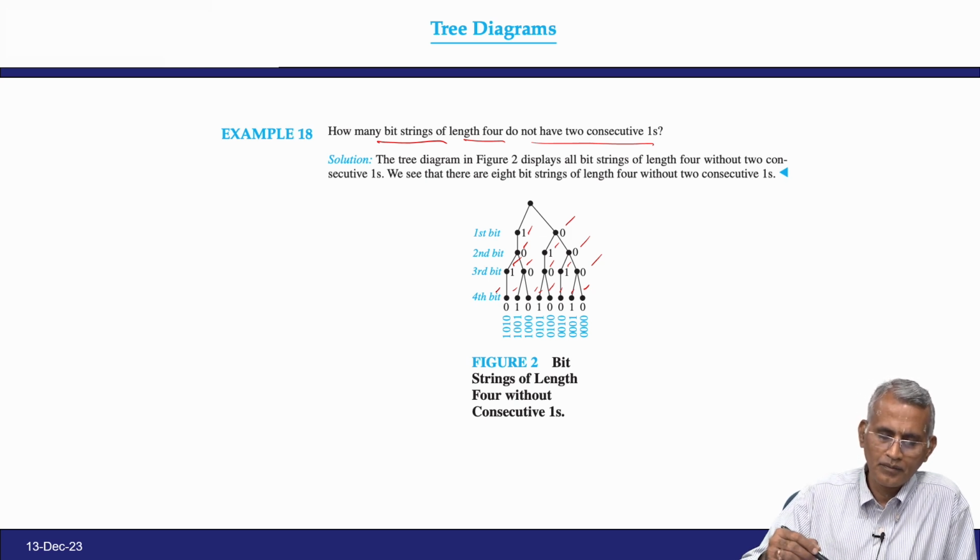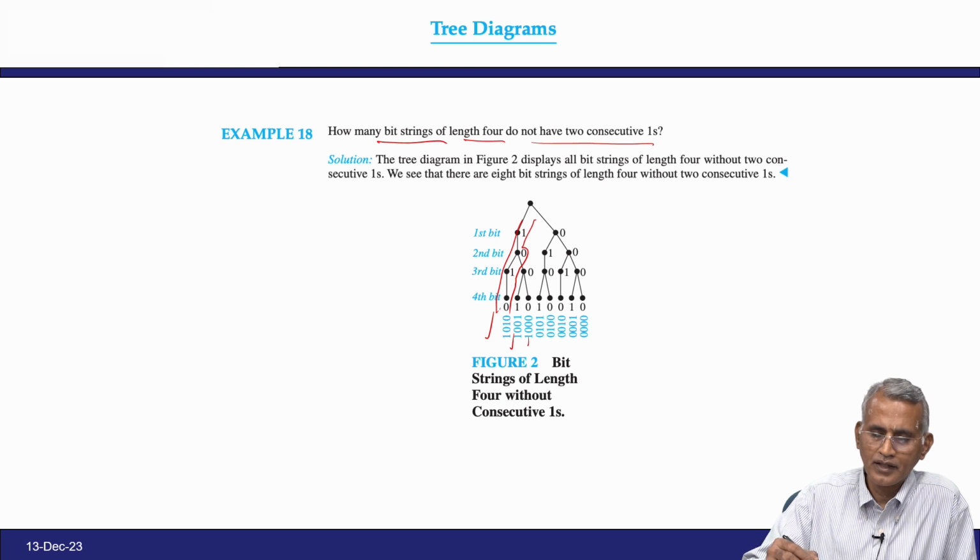Now, based on this structure, we have 1 0 1 0. Similarly, the tree having the branches 1 0 0 1 and then 1 0 0 0.